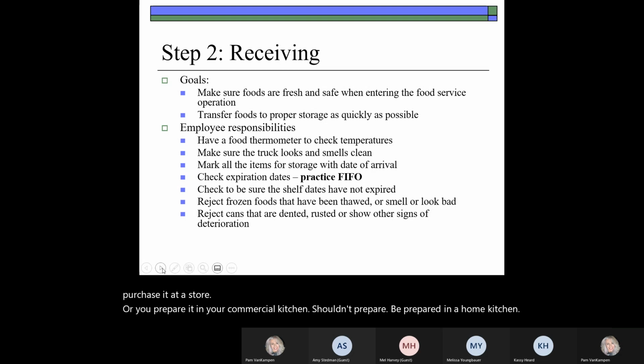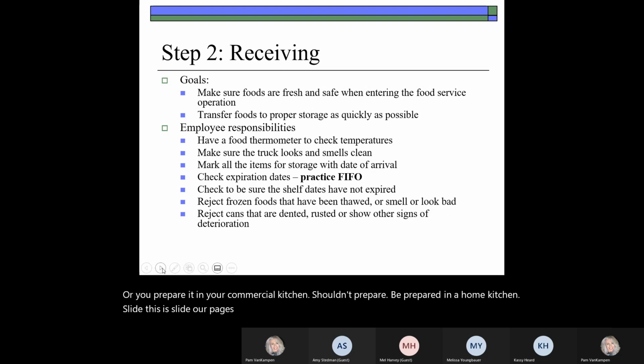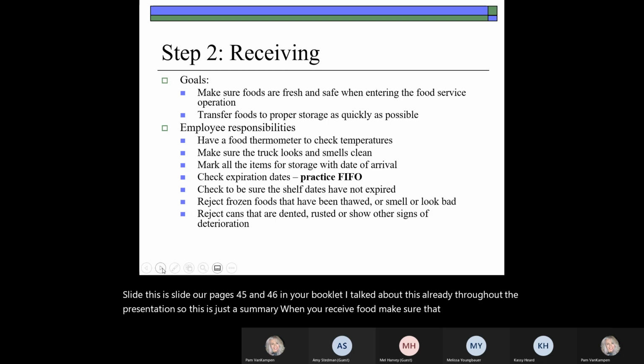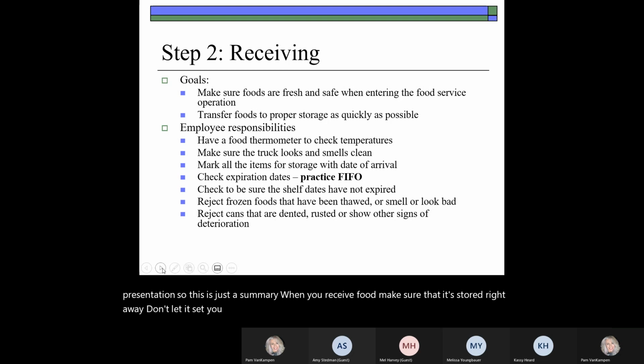This is pages 45 and 46 in your booklet. I talked about this already throughout the presentation, so this is just a summary. When you receive food, make sure that it's stored right away. Don't let it sit in boxes until you get to it. It needs to go in the fridge and freezer right away.